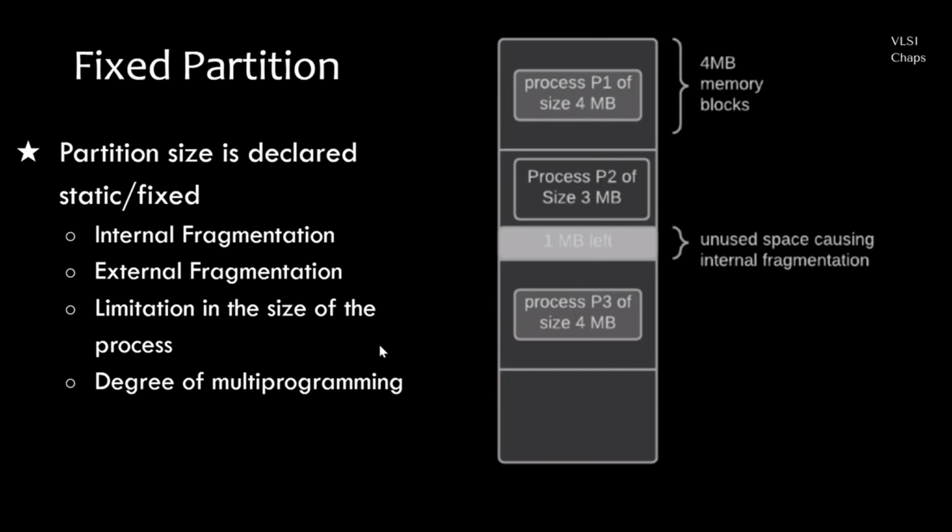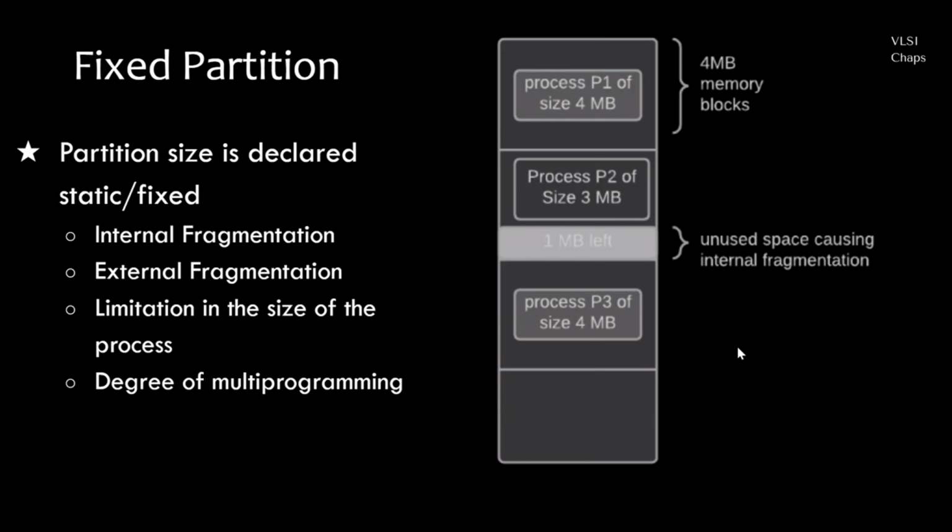Also, due to this useless part, we cannot load other processes, because the limitation here is that every process should have a contiguous block of memory in order to load into memory. But here we do not have a contiguous block. Here we have 4 MB free, and here we have 1 MB.